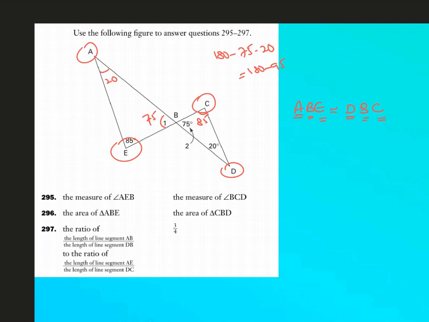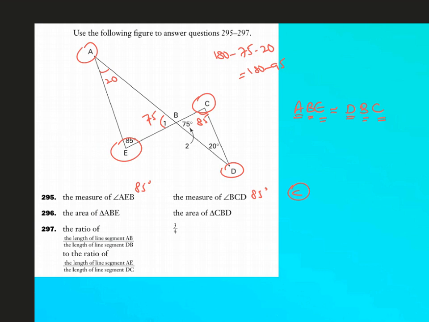Measure of AEB. AEB is given to us as 85. This is given in the question. Measure of BCD. We just found that as 85 as well. So therefore the answer is C. Now, next part says compare the areas of the two triangles.